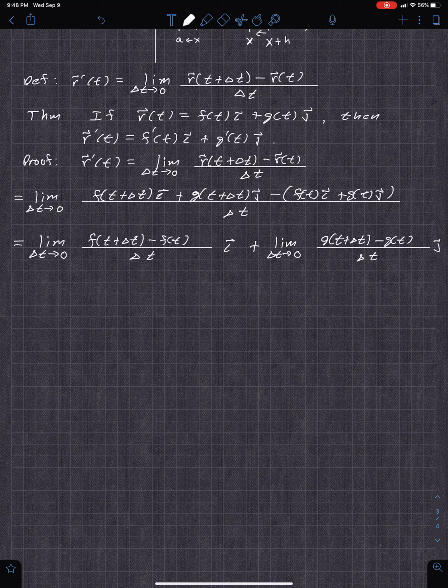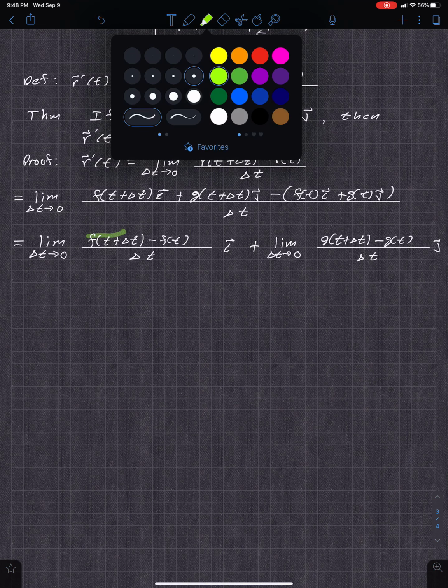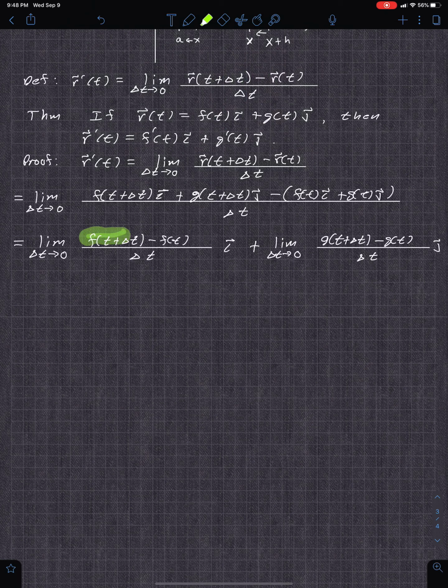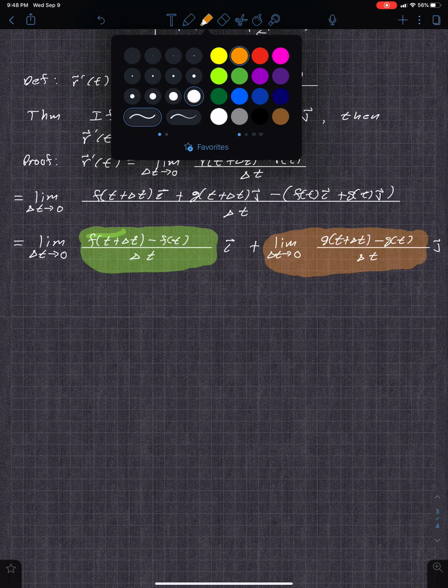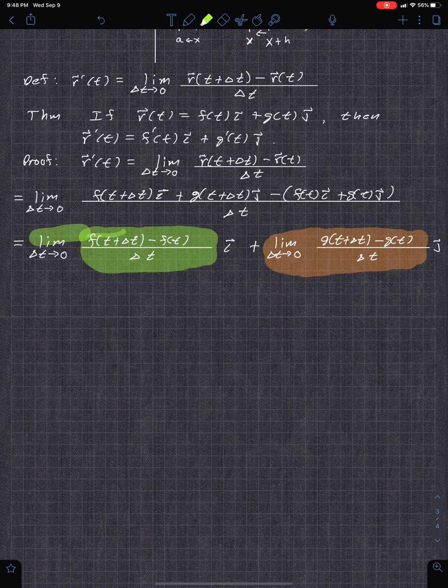By definition, all of this, oh, actually I need the limit too. So all of that is defined to be g prime, and all of this is defined to be f prime.